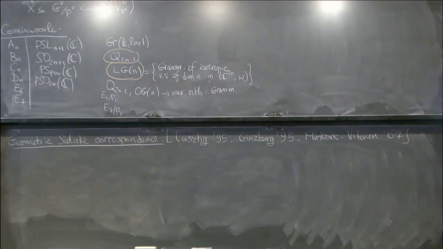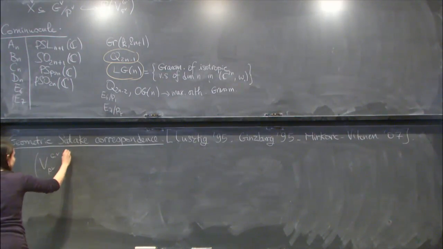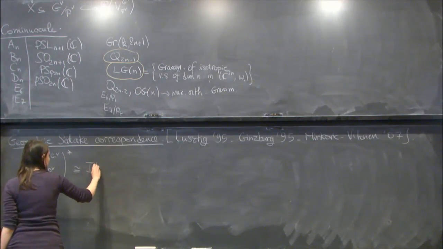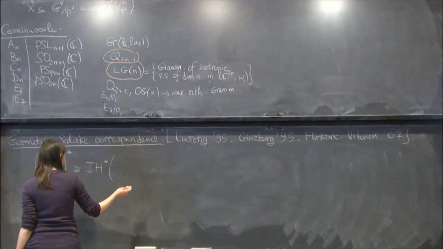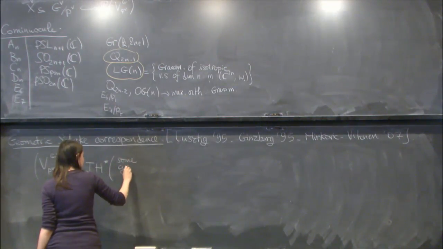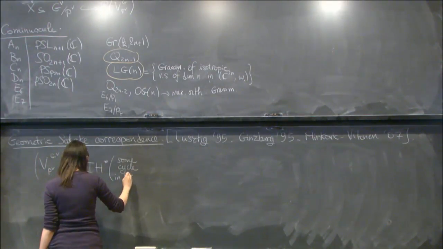Okay, so yes. In general, that tells me that I've got this representation of G check corresponding to the parabolic, and that's isomorphic to some intersection cohomology of a cycle in the affine Grassmannian.